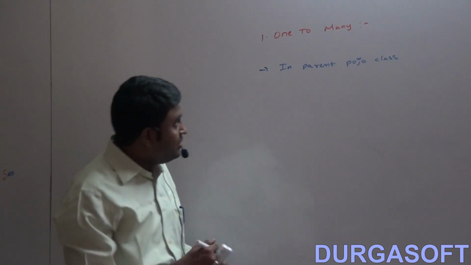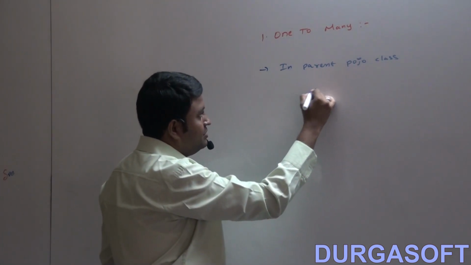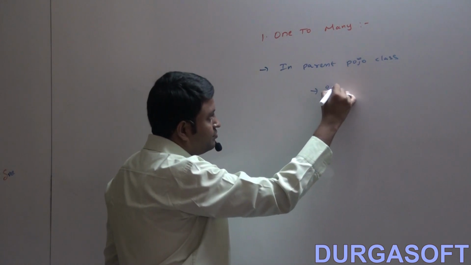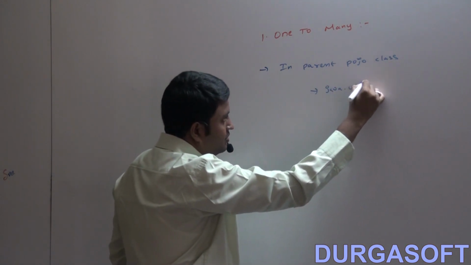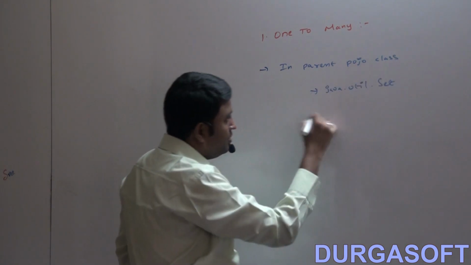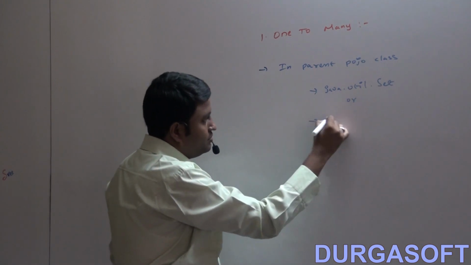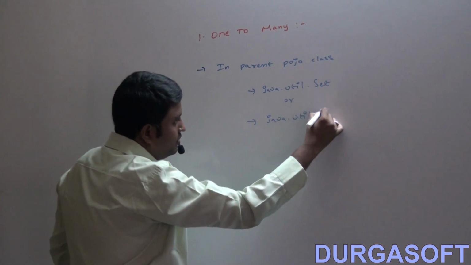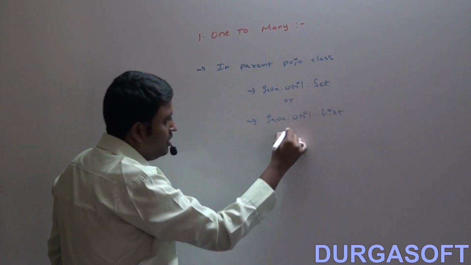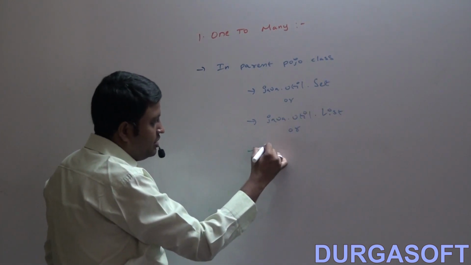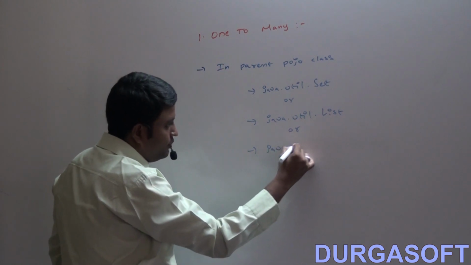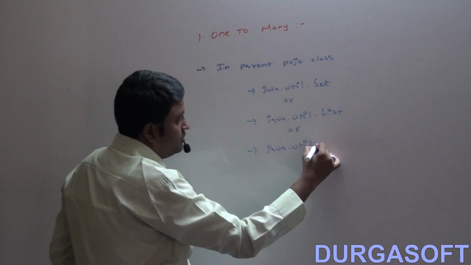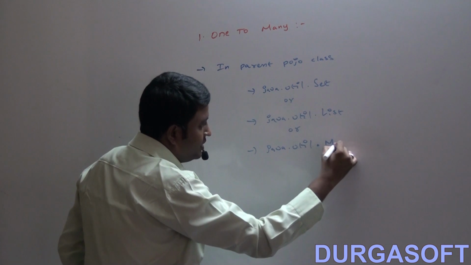For example, we can take the child class as a java.util.Set property or java.util.List property or java.util.Map property.